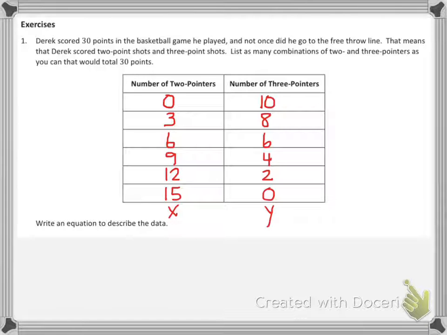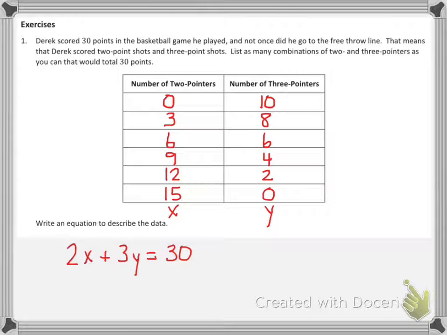Well, I could say that every 2-pointer is worth 2 times X, and then add that to every 3-pointer is worth 3 times Y, and that has to be equal to a total of 30 points. So 2X plus 3Y equals 30 is my equation.